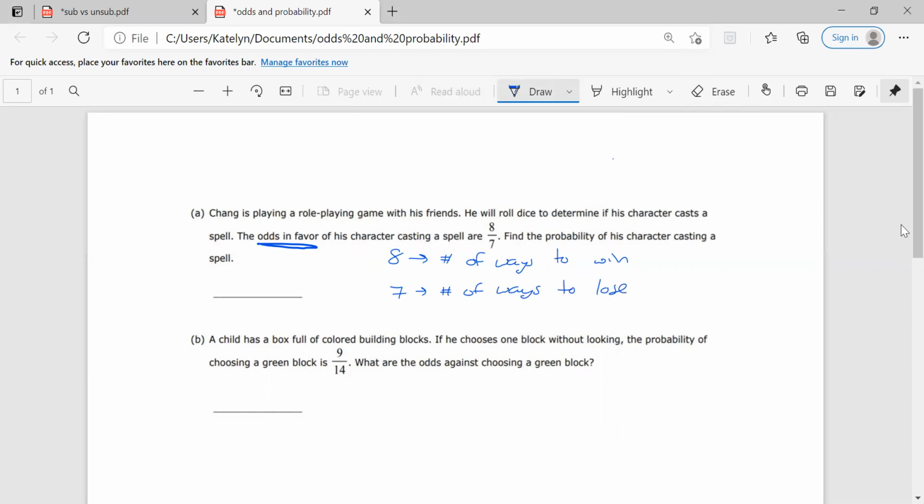We're saying the odds in favor of his character casting a spell. So to be more specific, the 8 would be the number of ways to cast a spell, and the 7 would be the number of ways to not cast the spell properly.